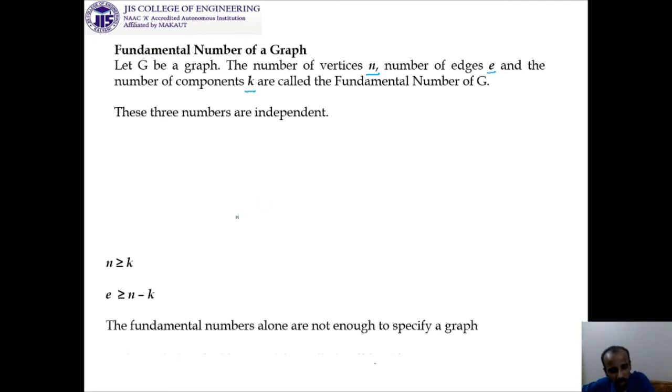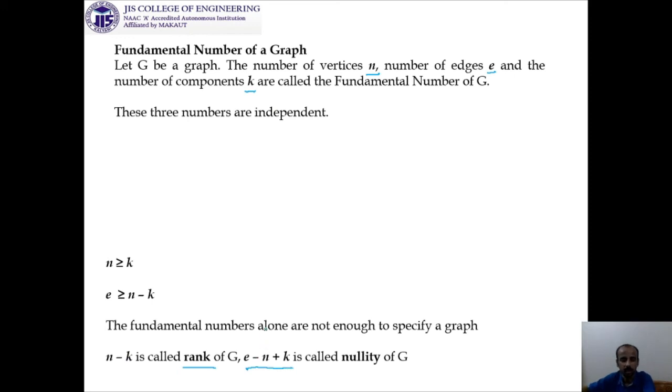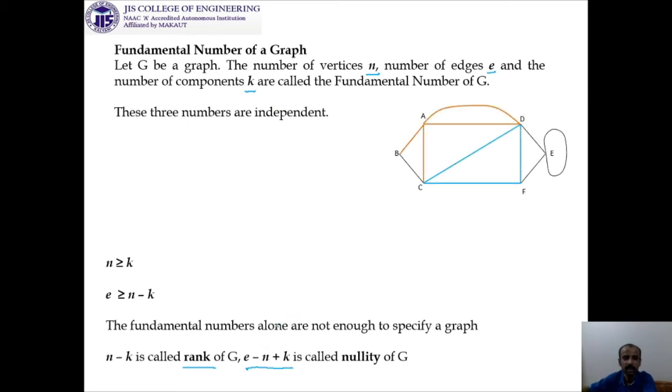We are going to check all these properties, and there are 2 very important nomenclatures for you, but there is a very elaborate discussion on this which is not in the scope of the syllabus, so we just have to be introduced. n minus k is called the rank of the graph, and e minus n plus k is called the nullity of G. Now we take this particular graph and count: 1, 2, 3, 4, 5, 6, so n equals 6.